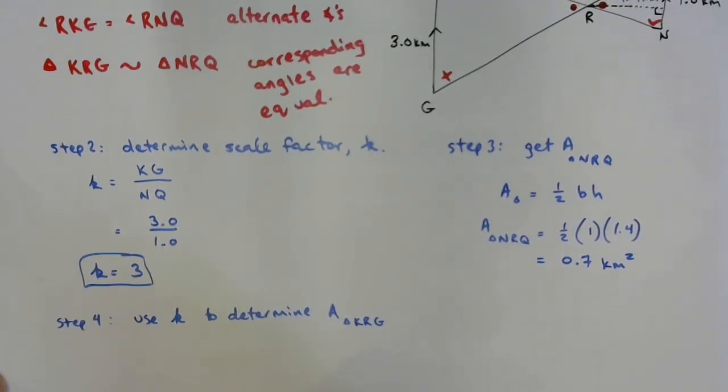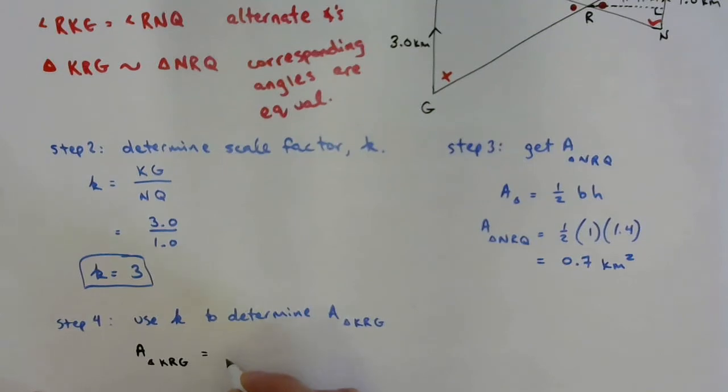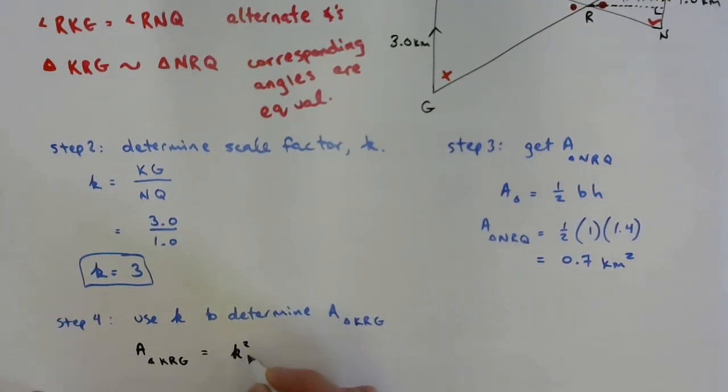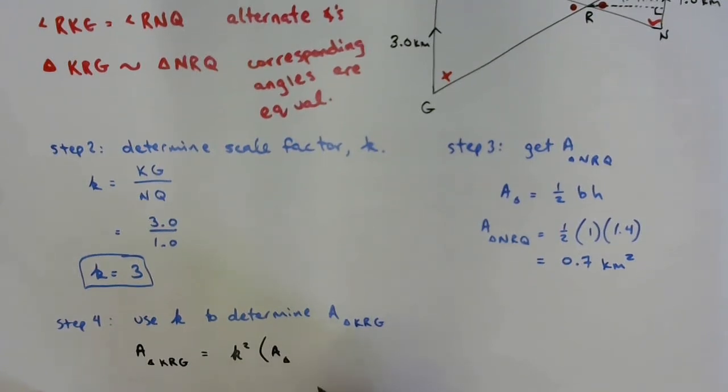We know the relationship. If not, you can flip back to your notes that you just took on the last page. All we need to say is that the area of triangle KRG is equal to K squared times the area of triangle NRQ.